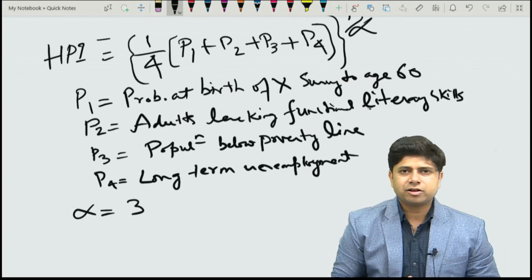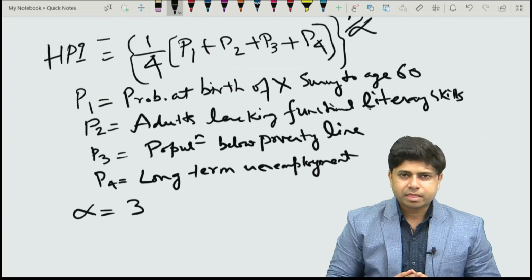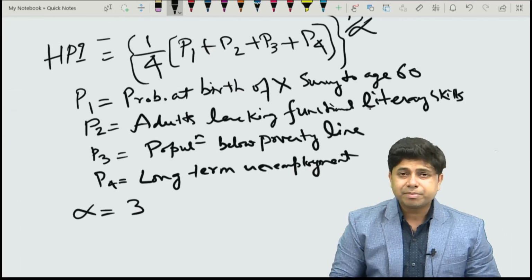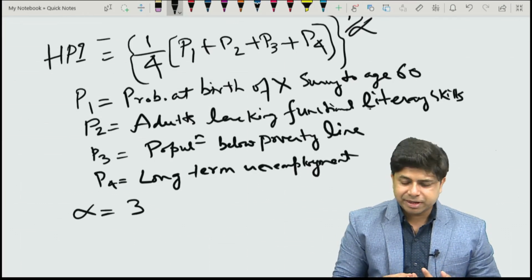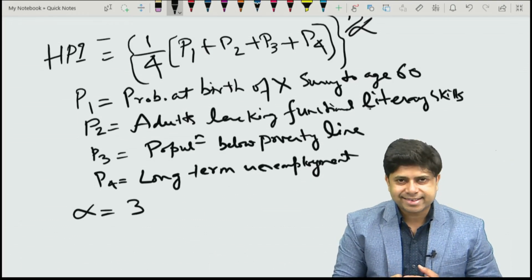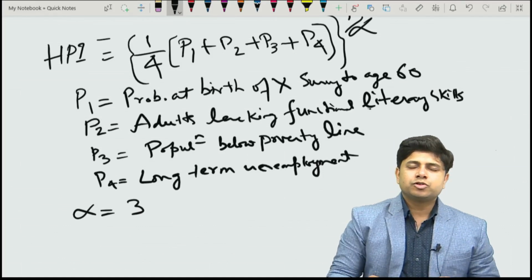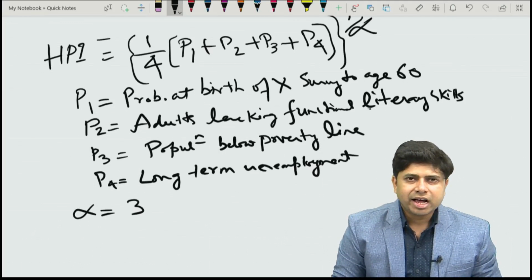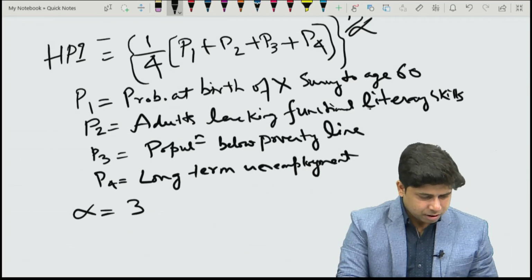The survival should obviously be more than 60 years for a developed or developing country. Then adults lacking functional literacy skill, the population below poverty line, and the long-term unemployment. So it takes into account health, literacy, poverty, and unemployment. Combining all these four things, we can calculate the HPI, Human Poverty Index. So this is the answer.